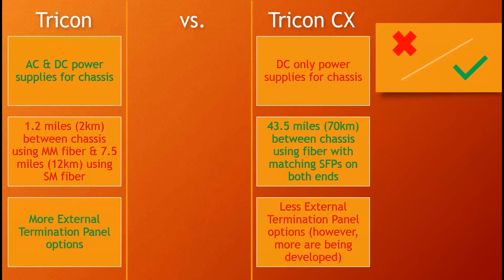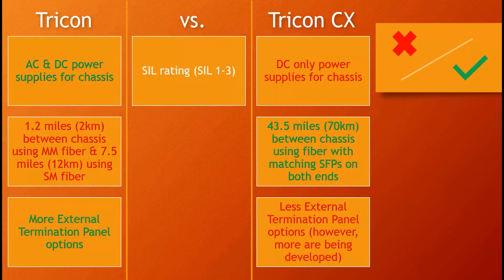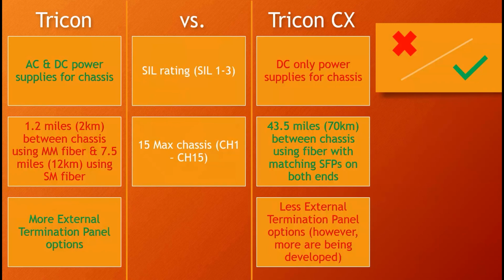With the Tricon, of course, since it's a little bit of an older system, there are more external termination panel options. And with the Tricon CX, there are a little bit less. However, there are still more being developed, and I'm sure more to come. So both chassis still have a SIL rating of either 1 to 3 and a maximum number of chassis of 15.